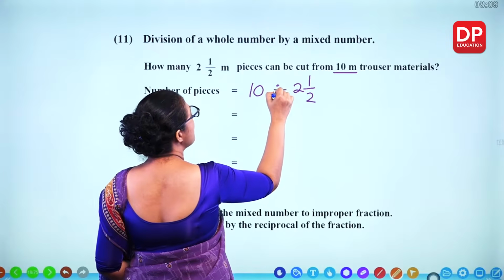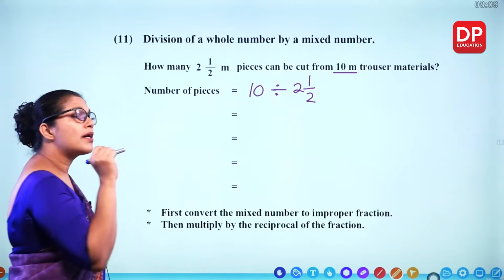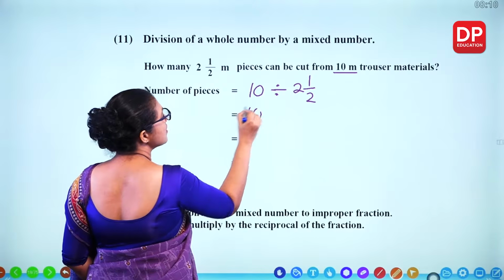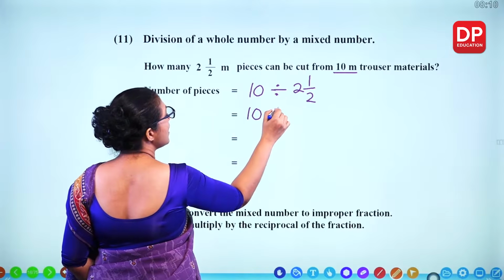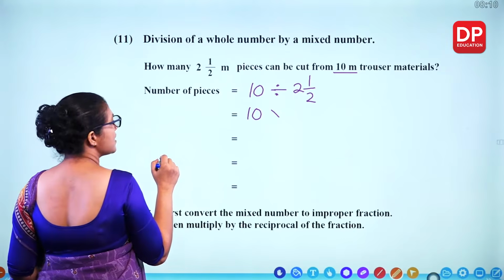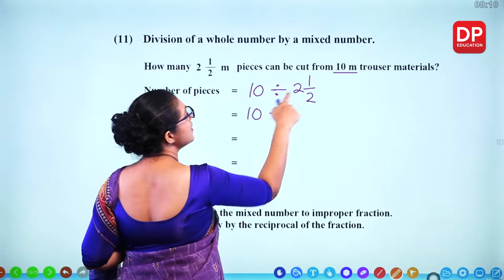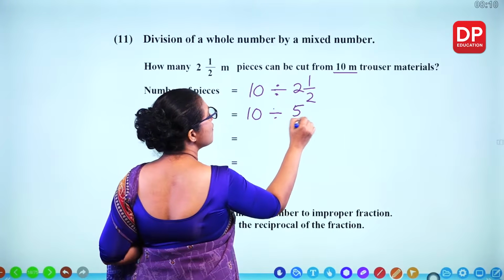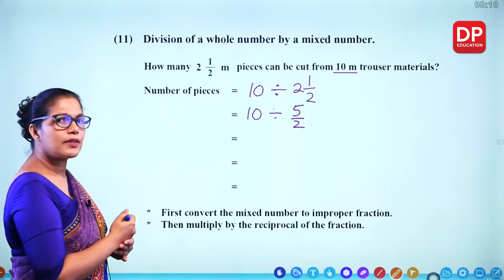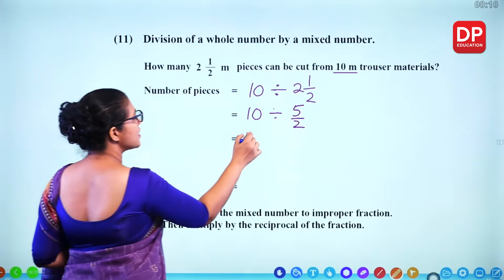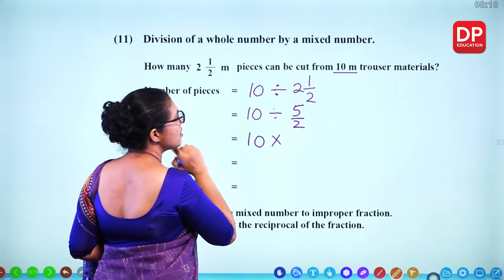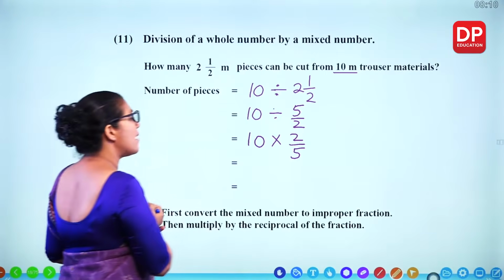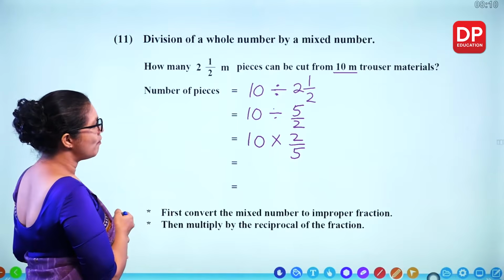Now this is a mixed number. What we do, convert to an improper fraction. 10 divided by the improper fraction. 2 times 2, 4 plus 1, 5. 5 over 2. Then what you do? You convert this to multiplication by its reciprocal, 2 over 5.